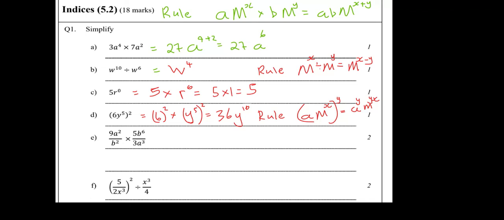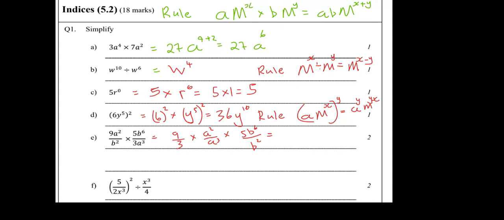Okay, so we need to combine these principles now, and I sometimes like writing these like this, 9 over 3, because we know that simplifies, multiplied by, let's do the a's, a squared over a cubed, and let's do the b's. We got 5b to the 6 over b squared.